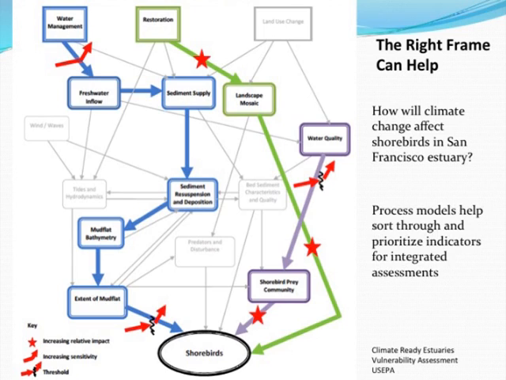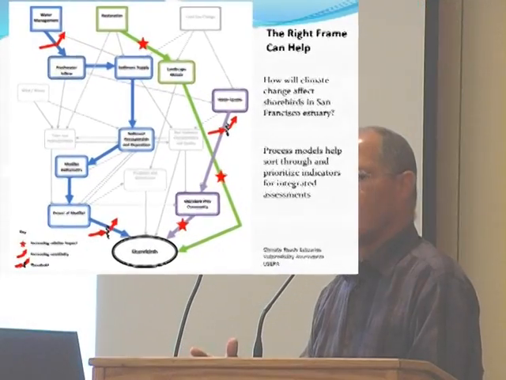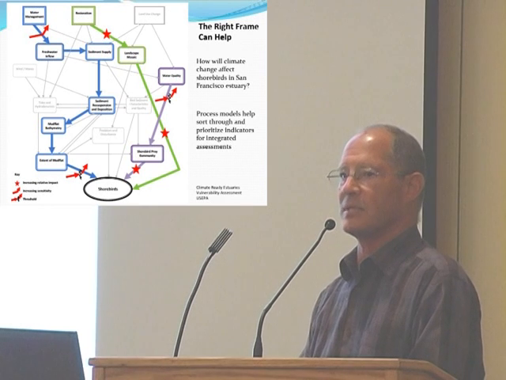The idea was they gave these little work groups the job of coming up with these flow charts, and we could only have a certain number of nodes in the flow chart. You couldn't go wild. Then they got a bunch of experts together in a 2-day workshop. We tried to define which pathways through the conceptual model diagrams would be the ones that would be most sensitive to certain specific kinds of climate change impacts.